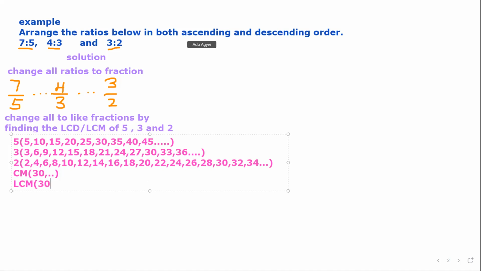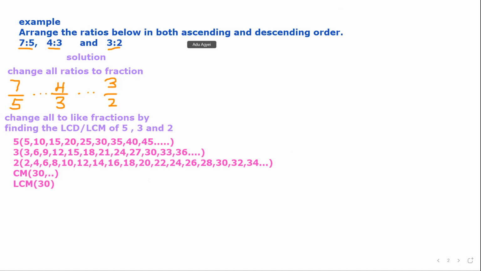Once we have 30 to be our least, the least common multiple will be 30. Good.